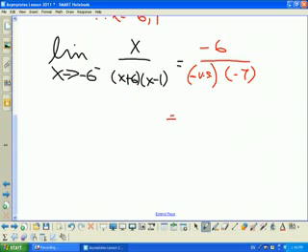Three negatives make a negative. When we divide any number by a very small number, we get a very large number, which will turn out to be infinity.